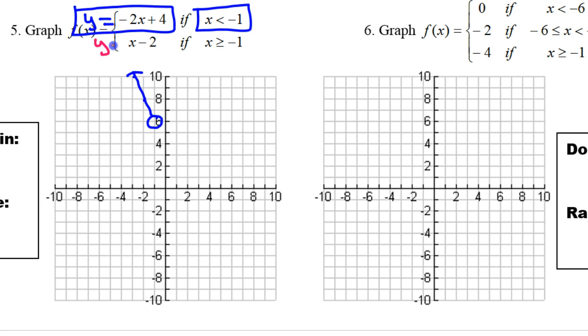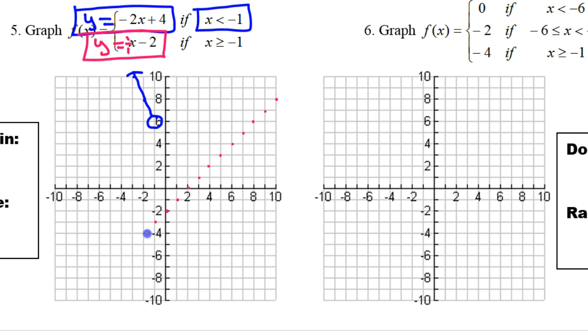Now, looking at the second piece, think y equals x minus 2. Again, the y-intercept would be negative 2, so that would be right there. And then the slope is 1, so, 1 over 1. So that would be up 1, right 1, like this.